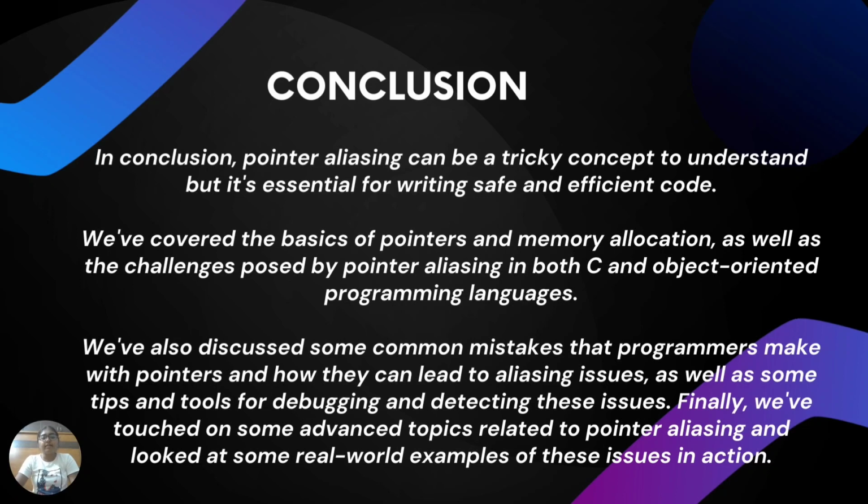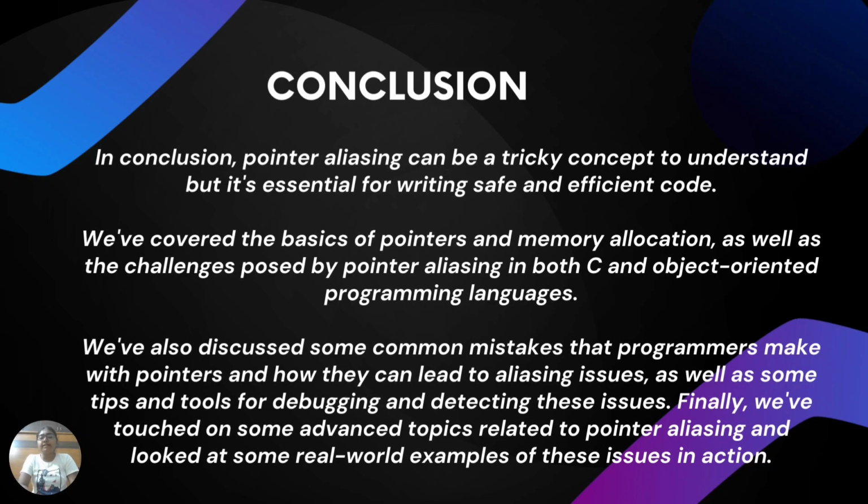Conclusion. In conclusion, pointer aliasing can be a tricky concept to understand, but it's essential for writing safe and efficient code. We have covered the basics of pointers and memory allocation, as well as the challenges posed by pointer aliasing in both C and object oriented programming languages.